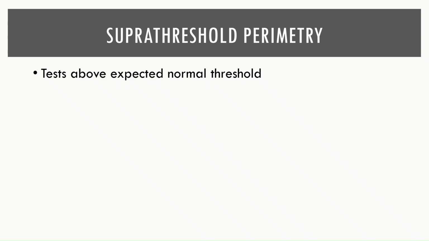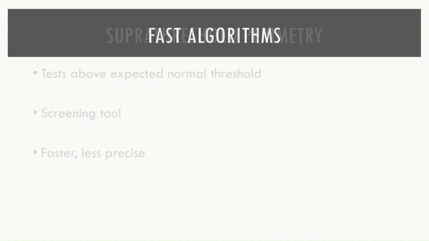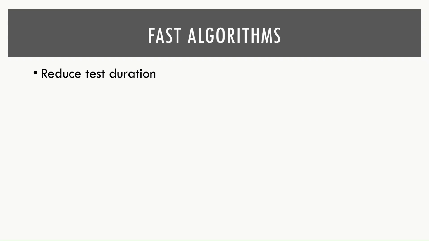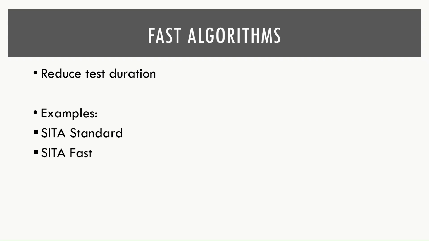Supra-threshold tests answer only one question: is this point grossly abnormal or not? Modern algorithms trade minimal precision for massive time savings, critical for patient reliability. Examples are SITA Standard and SITA Fast. SITA stands for Swedish Interactive Thresholding Algorithm.